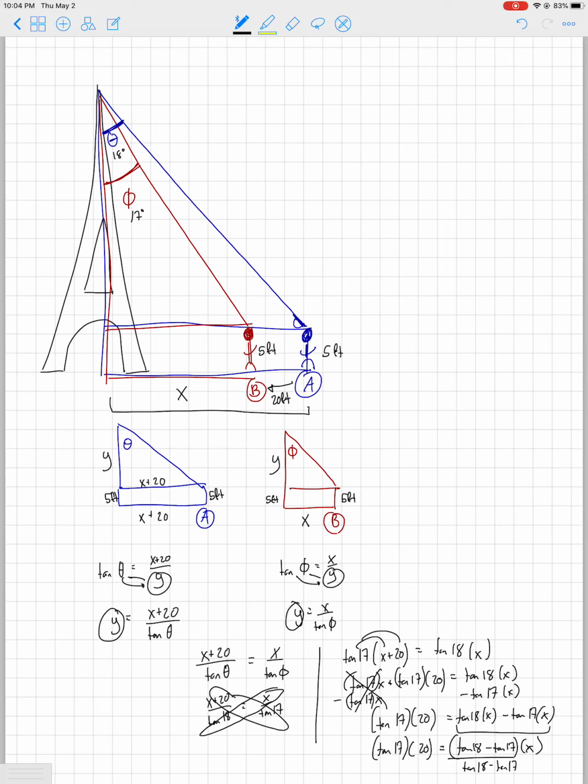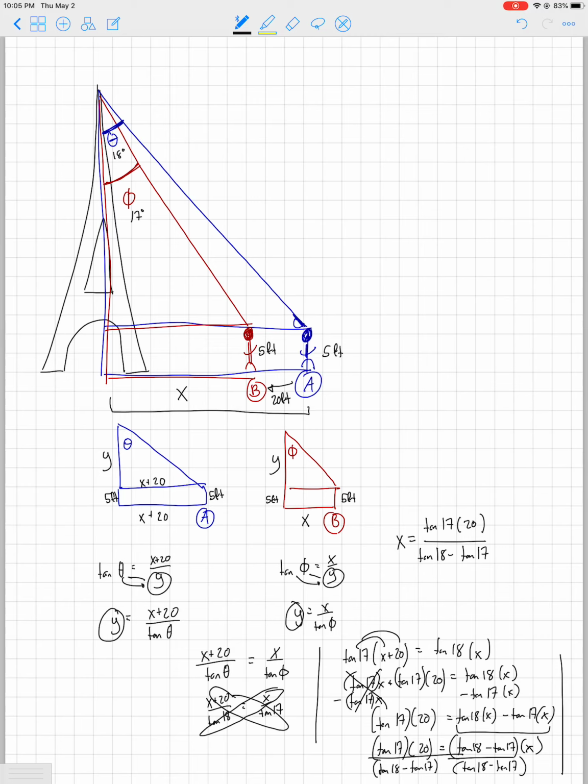Again, I know this is strange. If you are willing to try this out for one of your objects and you come to a reasonable answer, you will get extra credit. So we did that, and now x is equal to tangent of 17 times 20 over tangent of 18 minus tangent of 17.